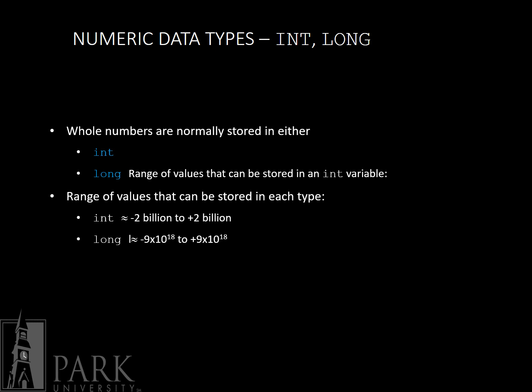In contrast, a long uses 64 bits to store its value, double the memory space required by an int, but it can store values up to 2 to the 63rd power.